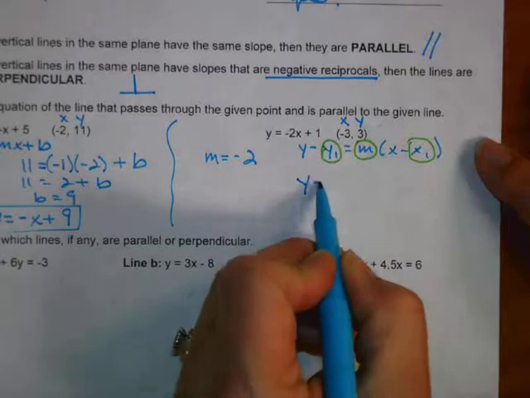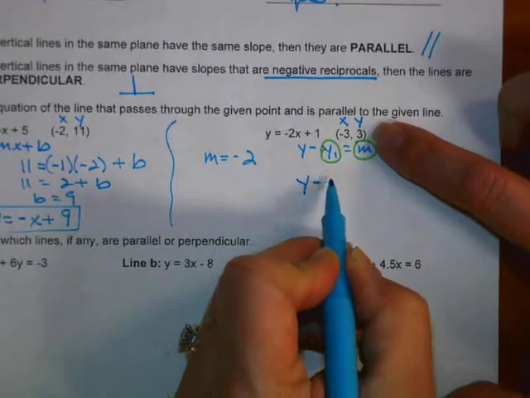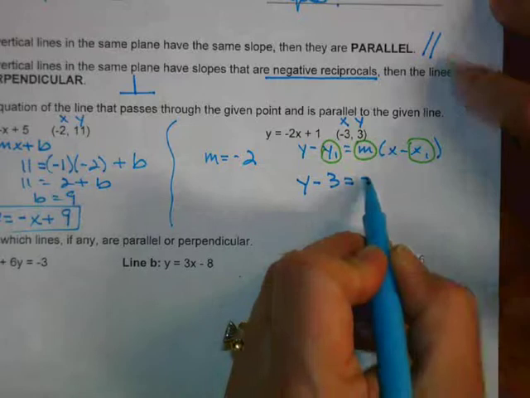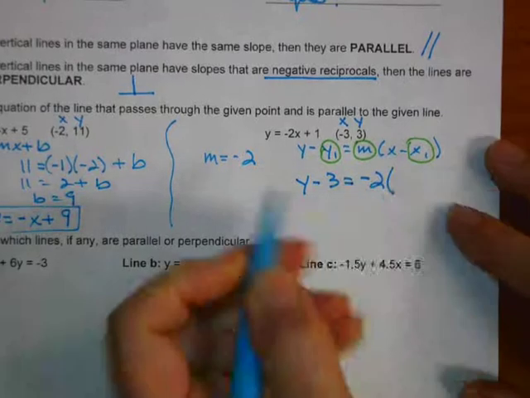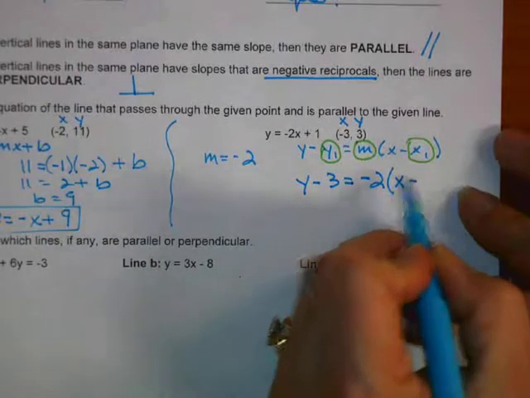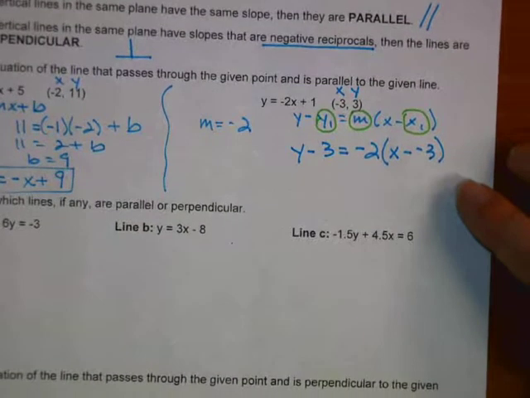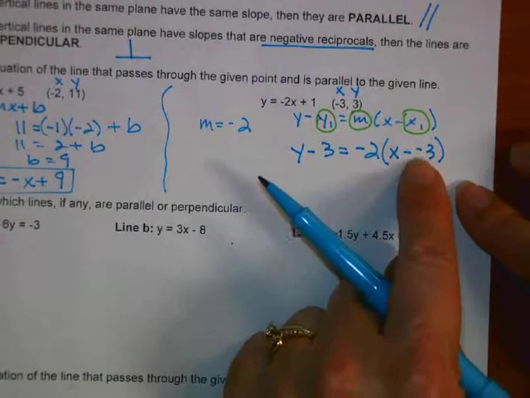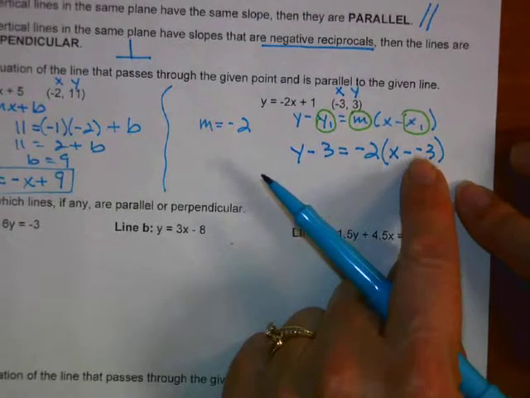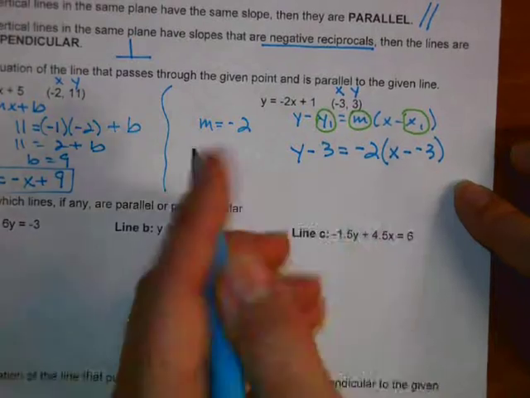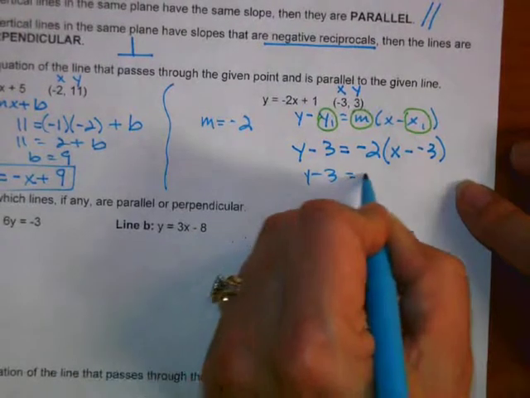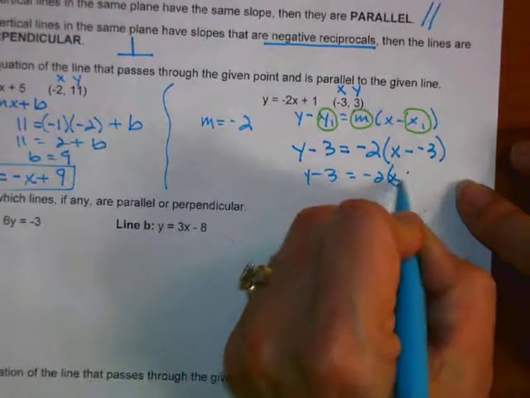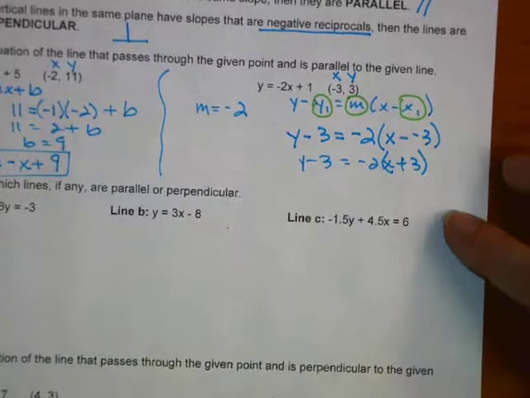So we'll do y minus my new y coordinate, which is 3, equals my slope, x minus my new x coordinate, correct? Well, I'm going to make it pretty now. Anytime you stick a negative in here, it's going to become a plus. So y minus 3 equals negative 2 times x plus 3, correct?